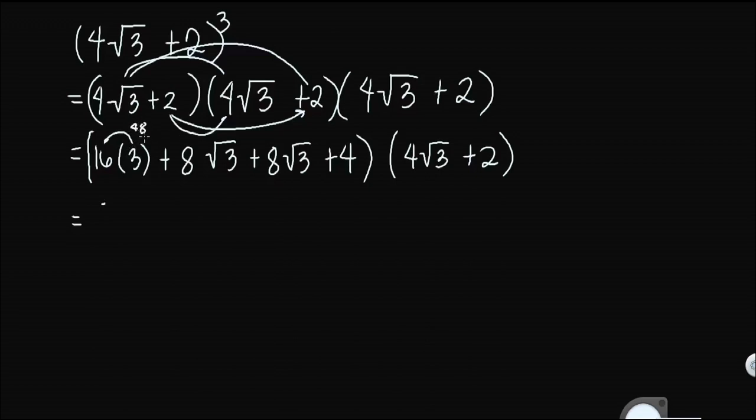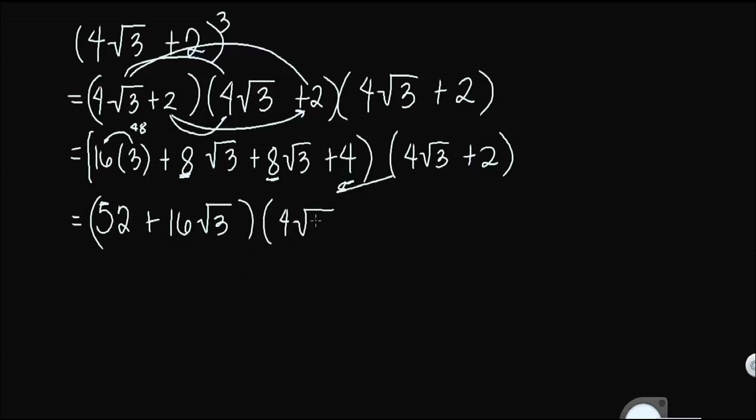Okay, 48 plus 4, ayan, yung leading coefficient natin is 52. Plus 8 square root of 3 plus 8 square root of 3, we have 16 square root of 3. And then, kopyahin na natin yung 4 square root of 3 plus 2 dito sa katabi niyan.